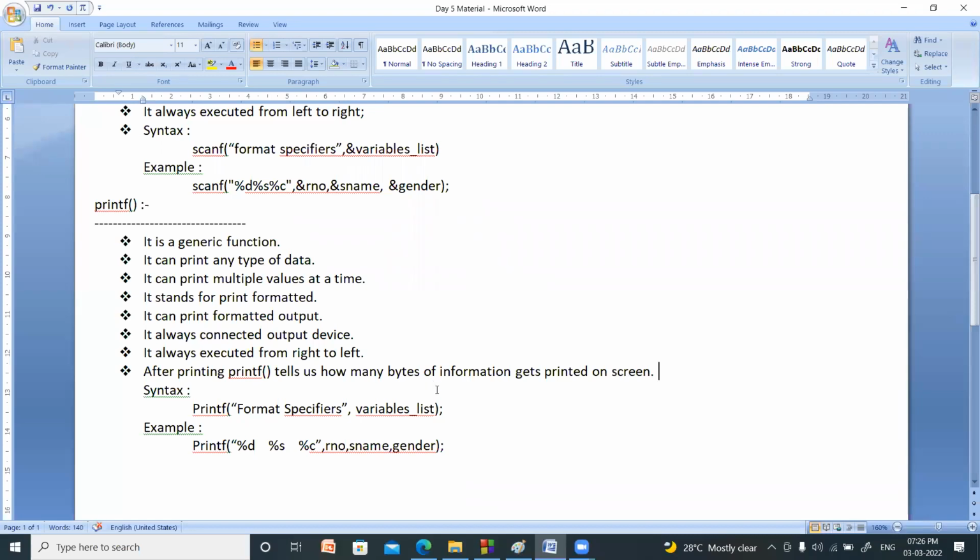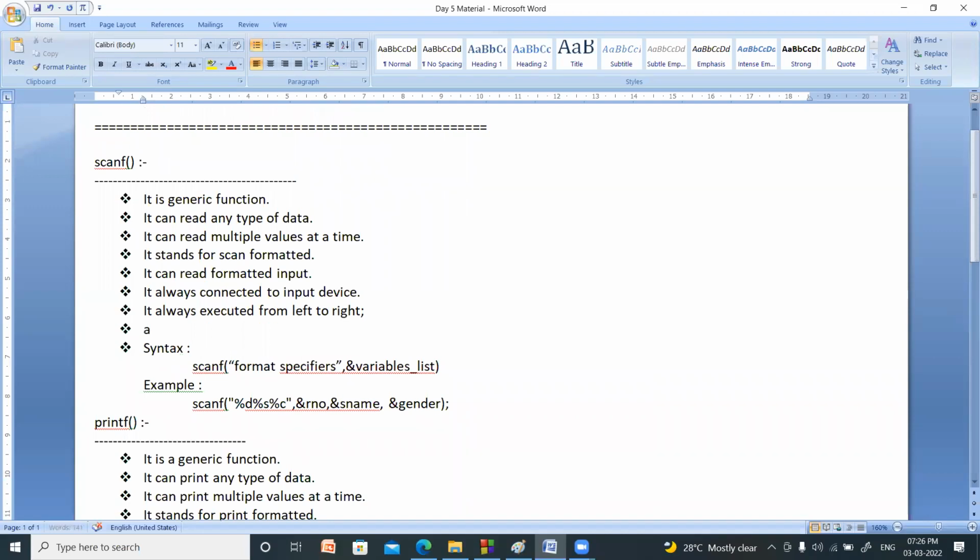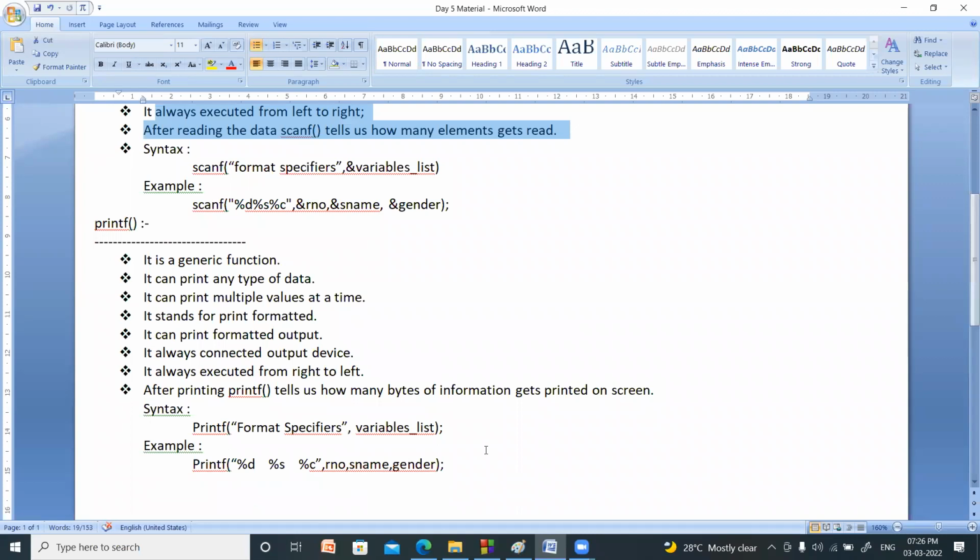This is about the printf function. In the scanf function, after reading the data, the scanf function tells us how many elements get read. These are the two things you have to add here. This is the remaining part, right?